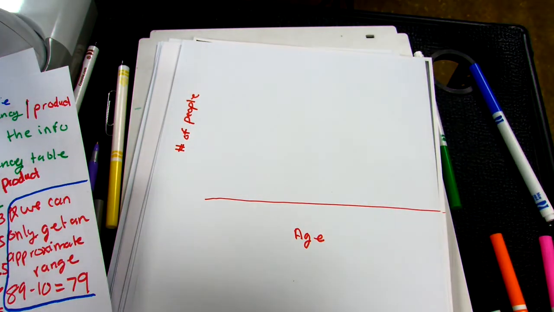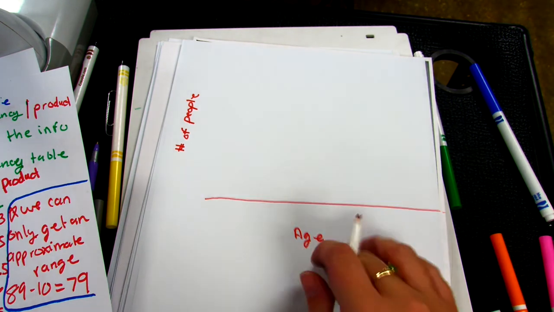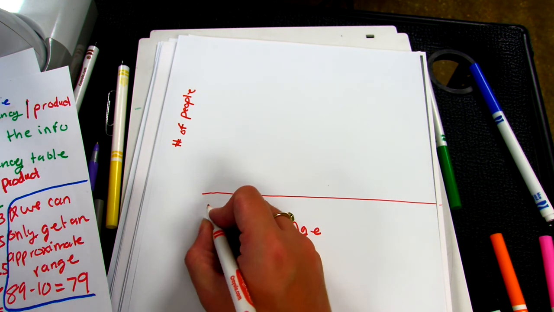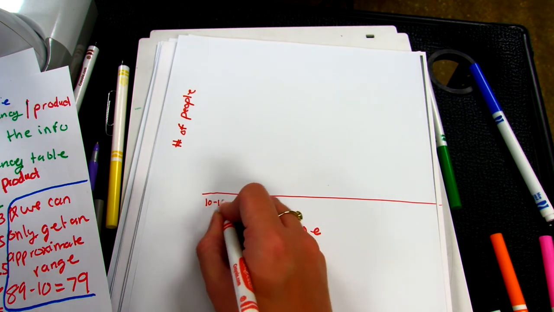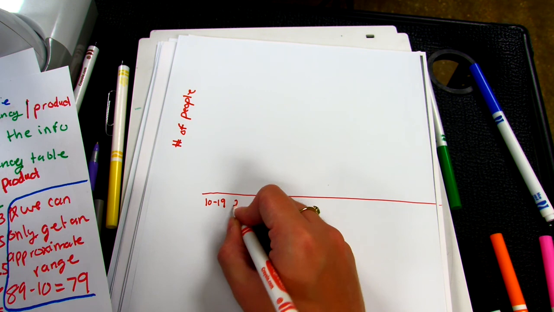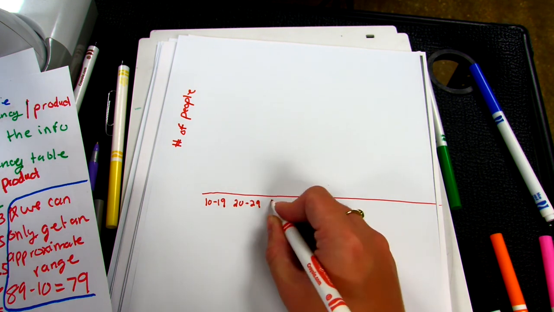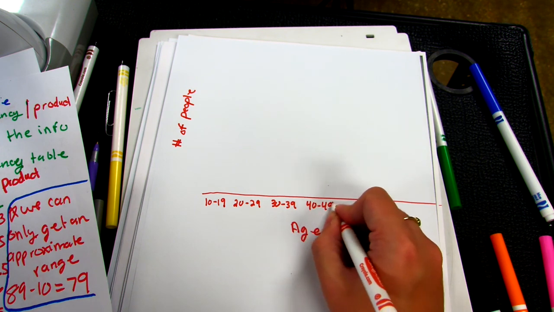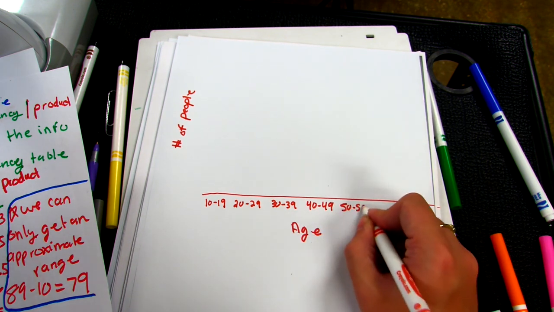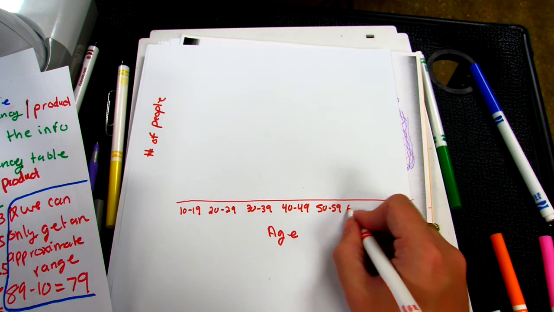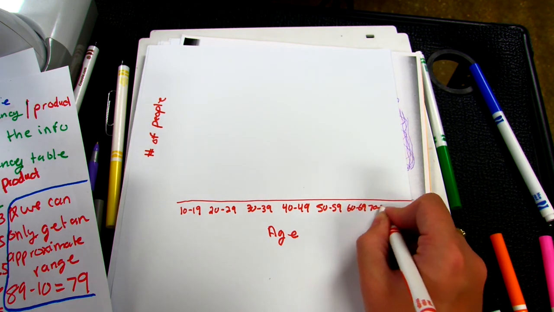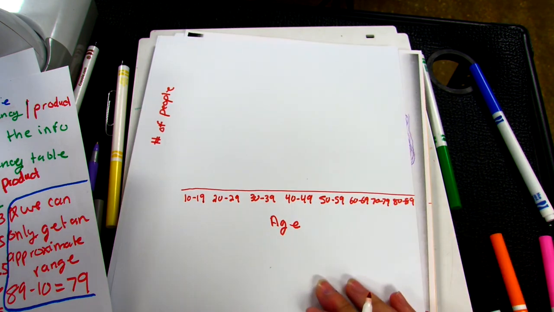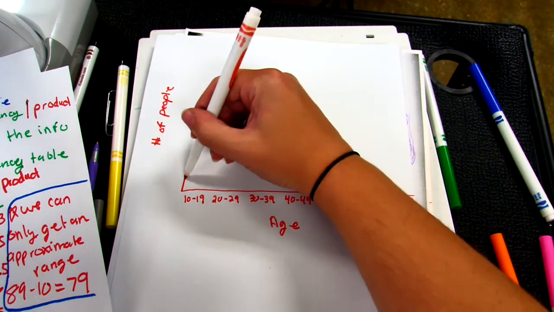So in this case, our frequency is just the number of people that fall within this age range. Okay, so the first interval was 10 to 19. Then we have 20 to 29, 30 to 39, 40 to 49, 50 to 59, 60 to 69, 70 to 79, 80 to 89. Almost out of room, not quite. Okay, and then number of people.